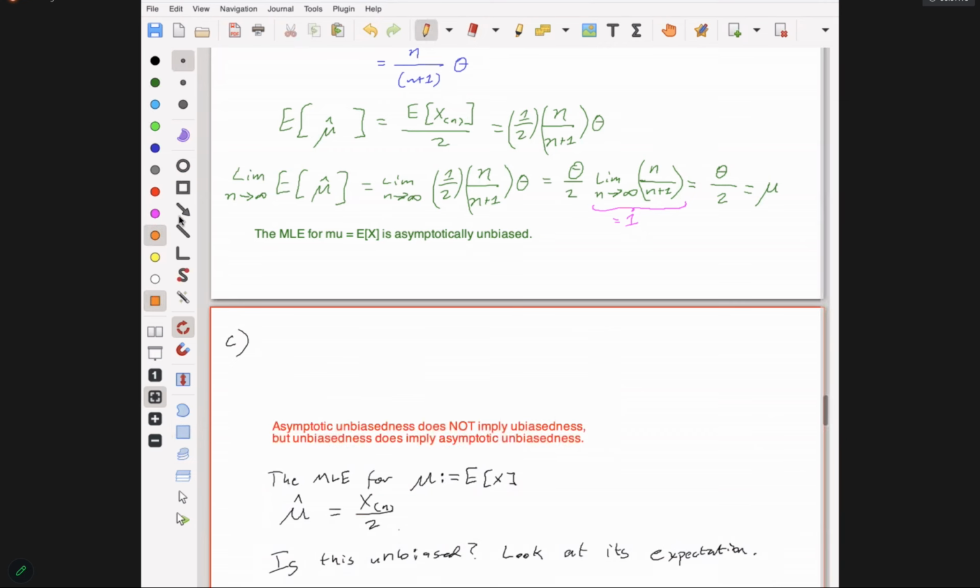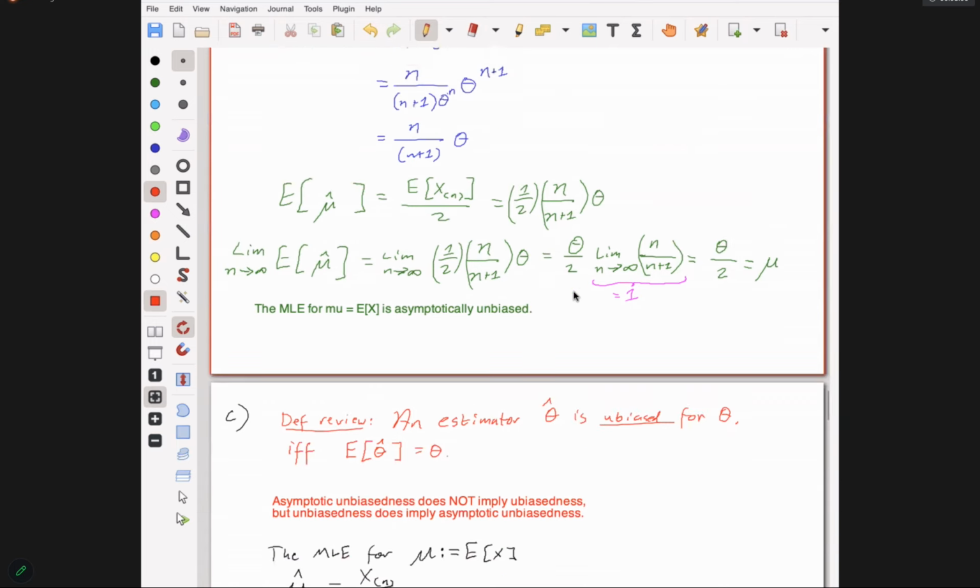And our definition for this, which is extremely important to remember, is that an estimator theta hat is unbiased for theta, or in other words, is an unbiased estimator for theta, if and only if the expectation of theta hat equals theta.